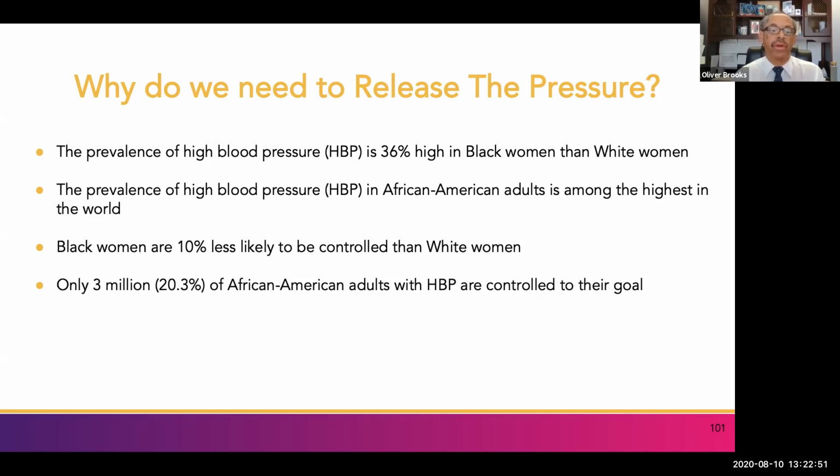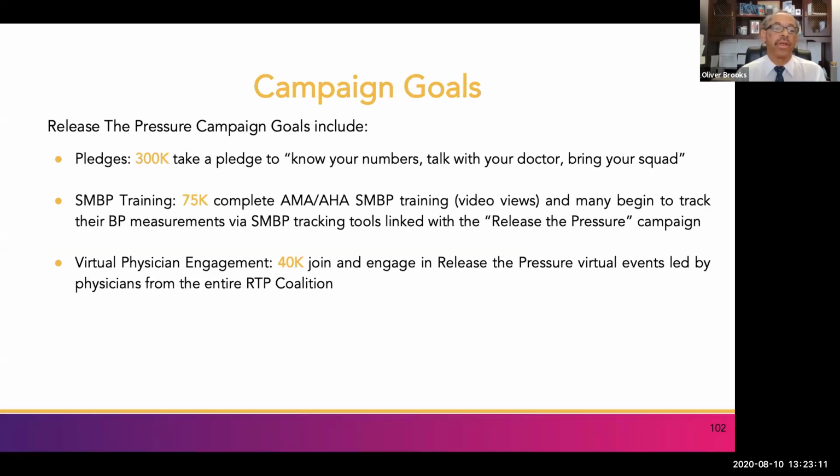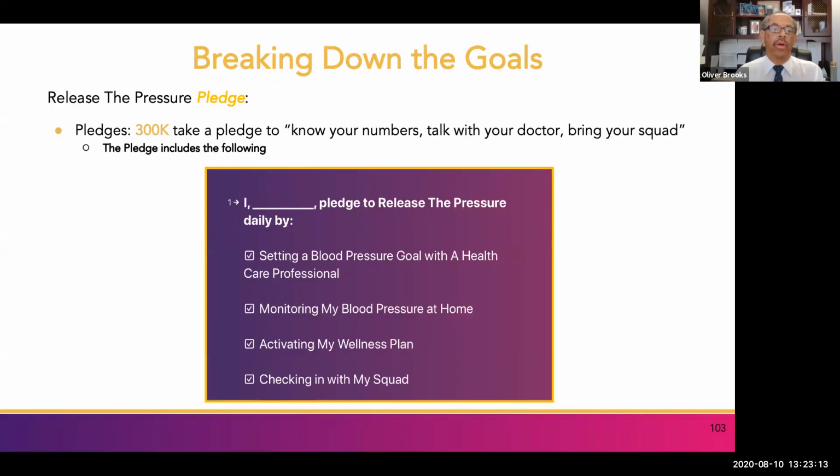Only 3 million, or 20%, of African-American adults with hypertension are controlled to their goal. So it was therefore determined that this would be a good approach, i.e. controlling, preventing heart disease by reducing blood pressure. Next slide.